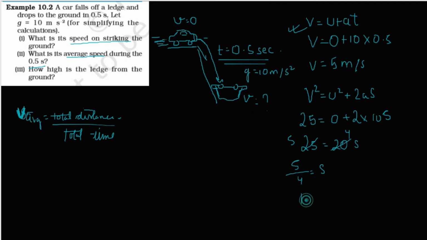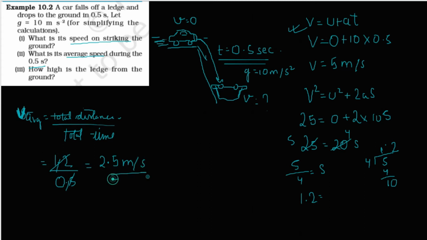Now 1.25, okay. So 1.25 upon 0.5, that is 2.5 meter per second.